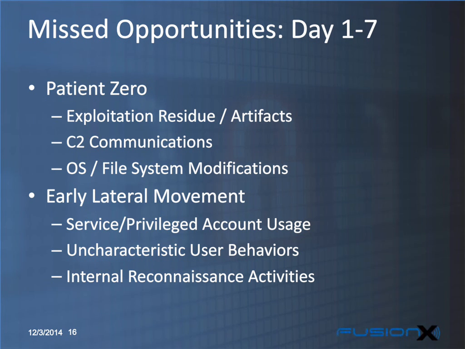There's also security products out there that can look for user behaviors, and so all of a sudden if someone in the accounting or maybe in the development group is connecting to a machine in the accounting or finance group, that might be an uncharacteristic behavior that you can key off of and detect the attack early.